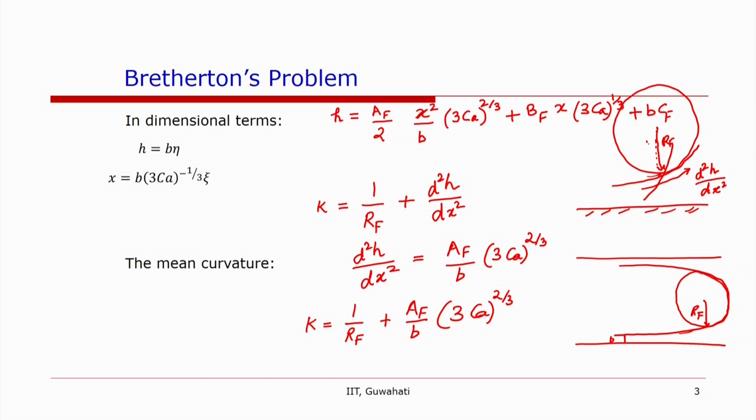So that says that kappa, the curvature, is a constant.